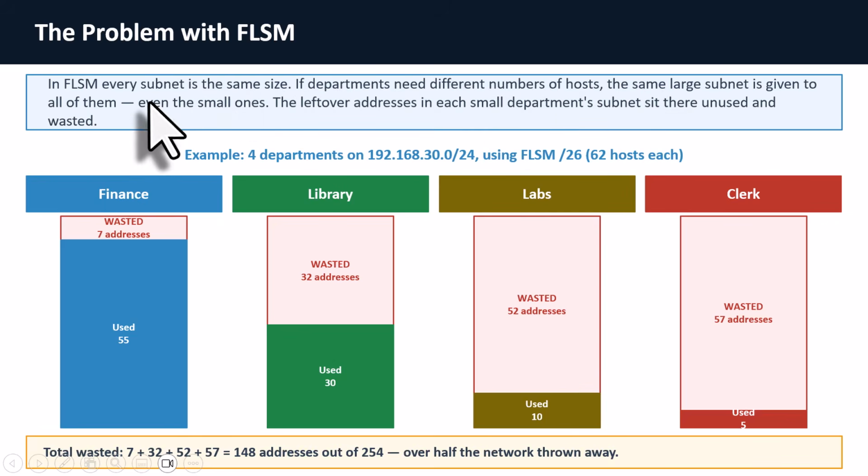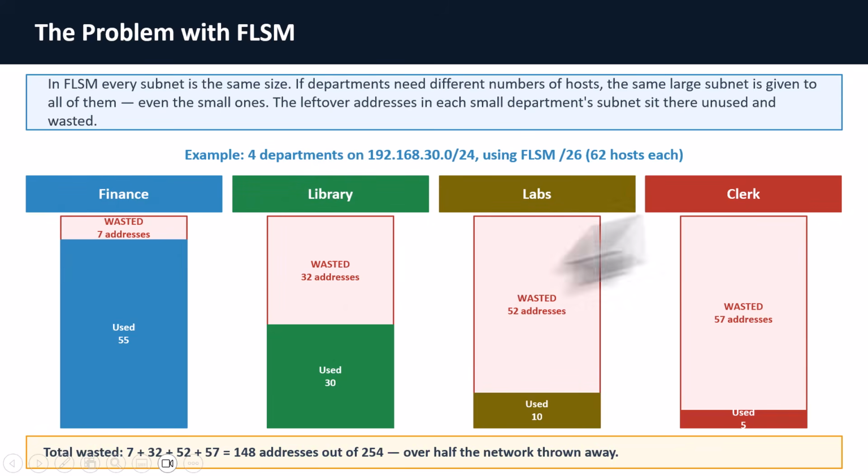In the previous example, you saw that we created 4 departments, and all those 4 networks had a total of 64 host addresses. Even small ones, for example a CEO's office which only has 2 or 3 computers, but we are wasting 64 host addresses on them. So the leftover addresses in a small department subnet sit there unused and wasted, like the example we looked at.